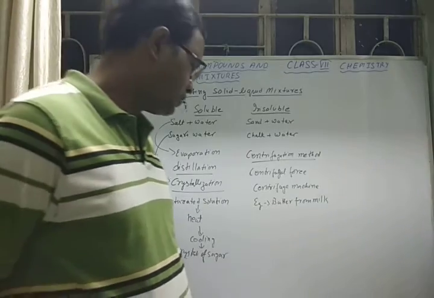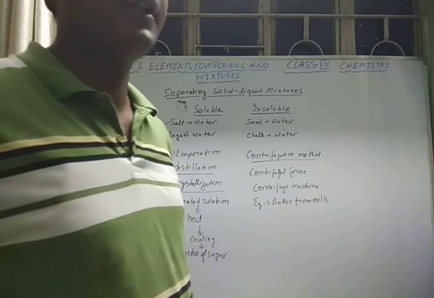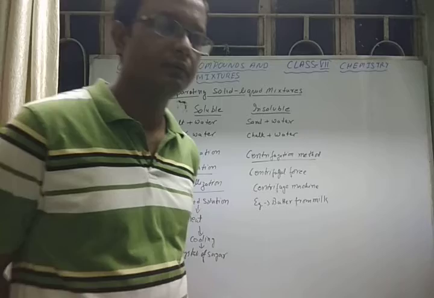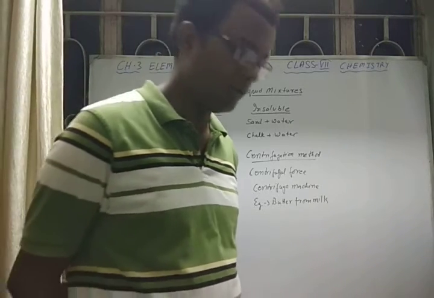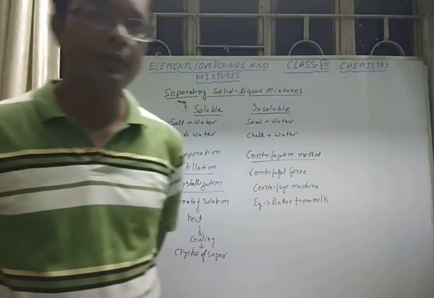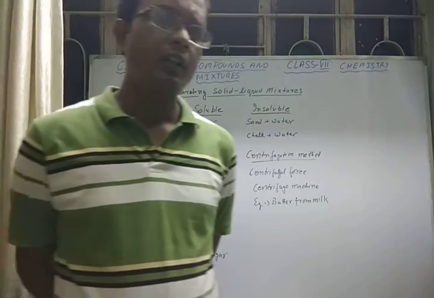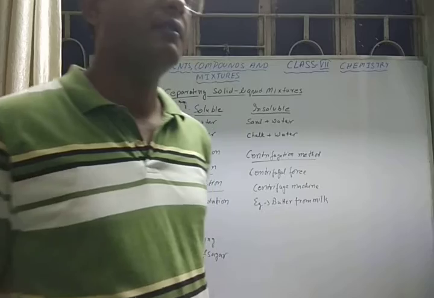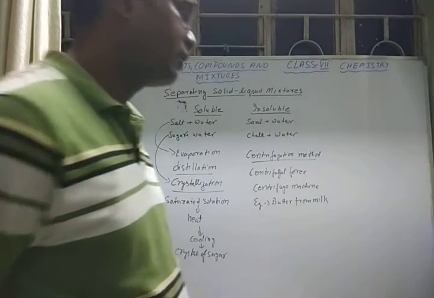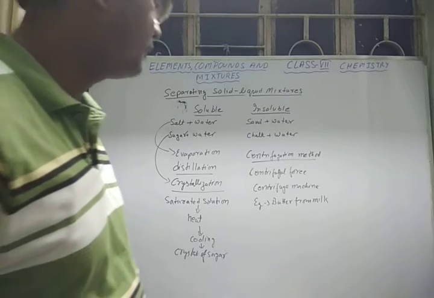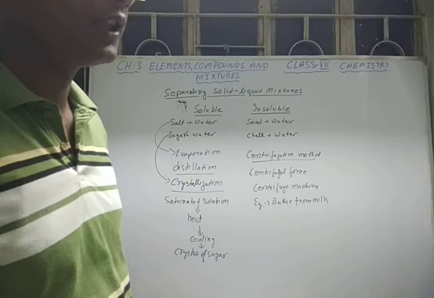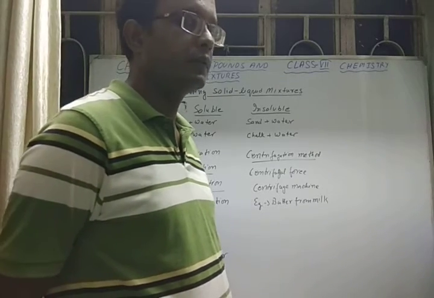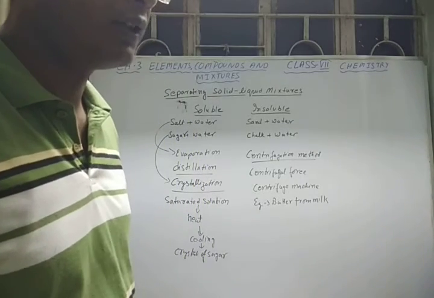Another application is in laboratories to separate the different components of blood. As you know, our blood contains hemoglobin, the red blood cells. If you want to separate blood cells, the protein part and many other things, we can use the centrifuge machine to separate different components of the blood.